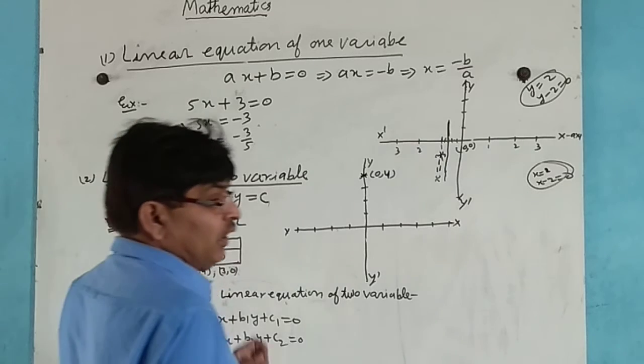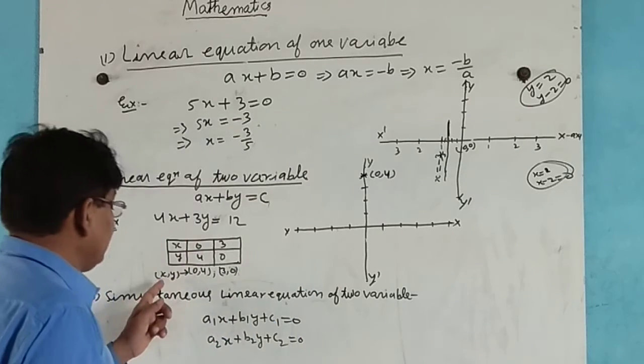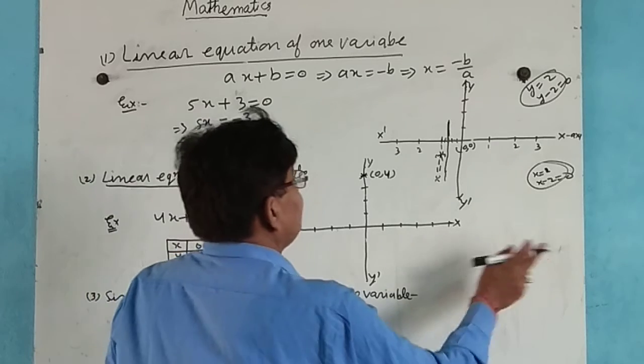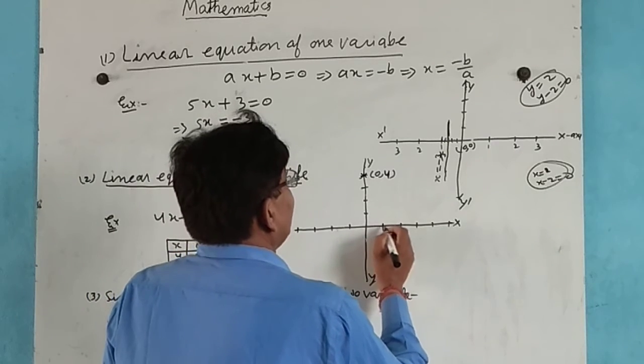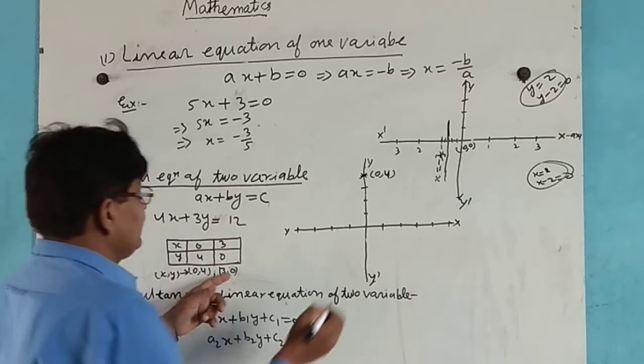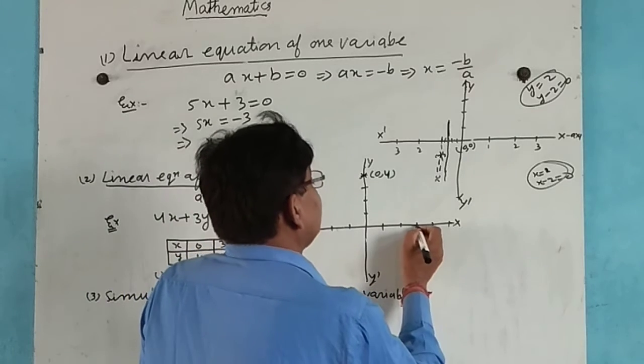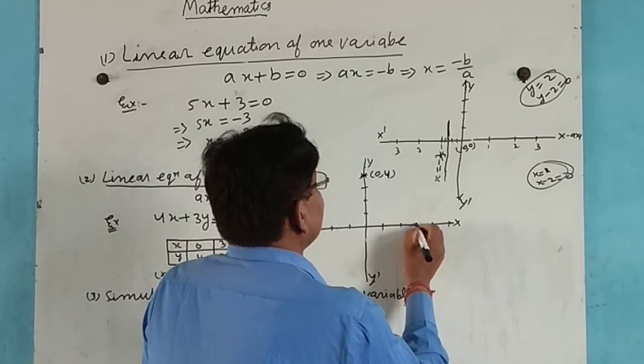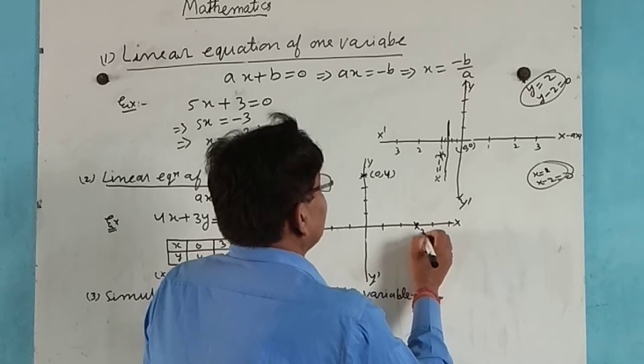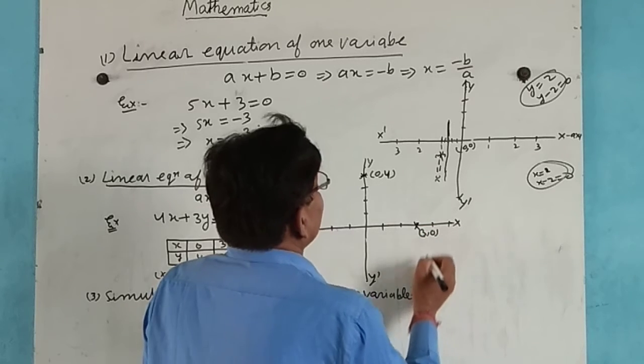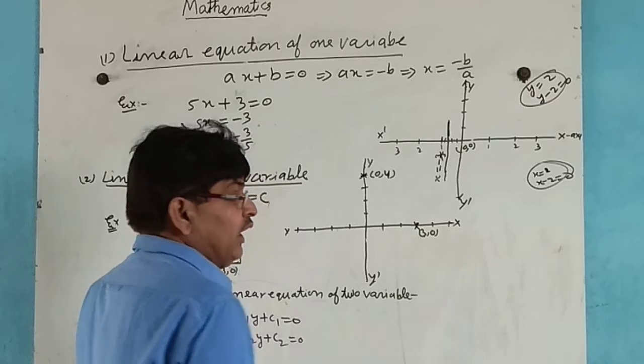On the x-axis, 3 is positive. Here 1, 2, 3, and the y-axis value is 0. This is y equal to 0. Here (3, 0). Now we draw a line.